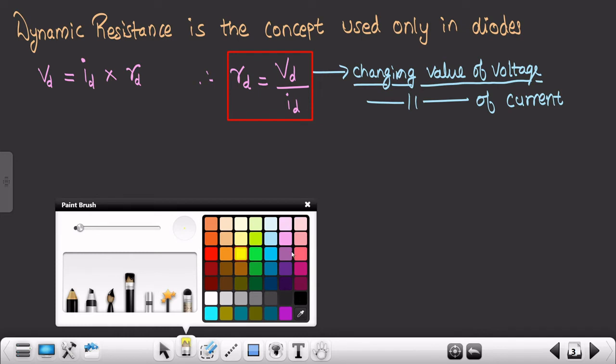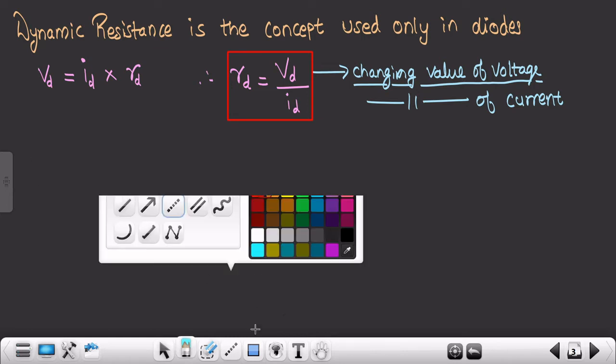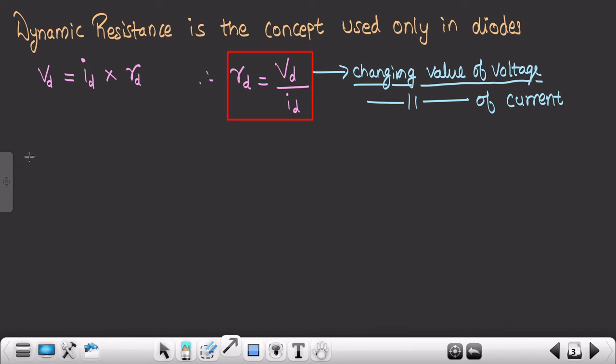So now I will write the definition of this dynamic resistance. I hope you understood this particular point. Dynamic resistance is the resistance, just a second, this would be a kind of definition for the dynamic resistance.